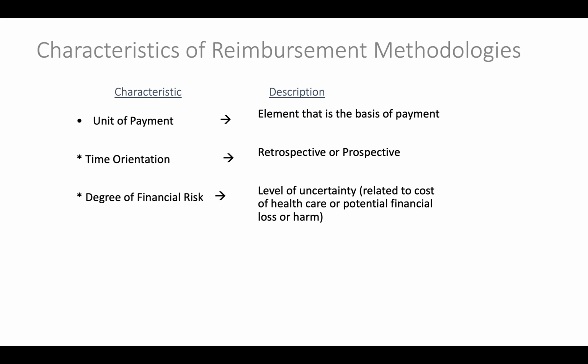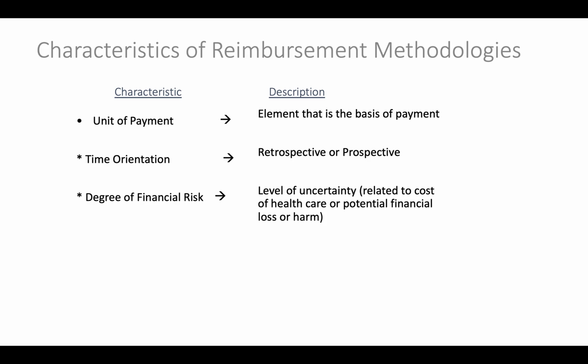So this is called fee for service. The unit of payment is a single incident of service that I provide. On the other hand, the unit of payment can be a complete package. The whole package: the patient is admitted for appendicitis, for appendectomy.